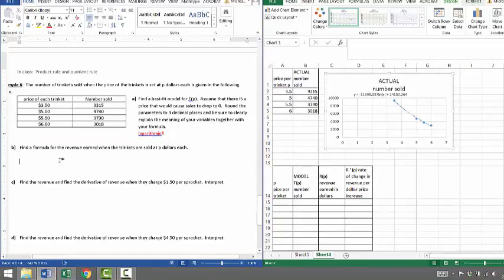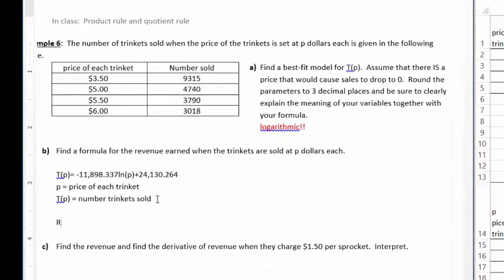It's given, of course, on the Excel file with Y's and X's, but we need to change those over to input P, output T of P. Revenue equals number sold times price per item.